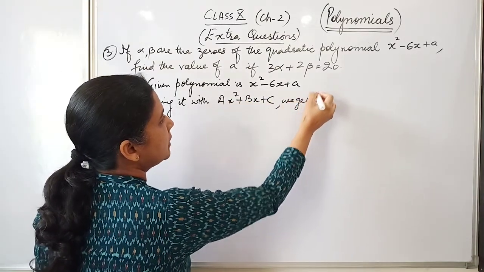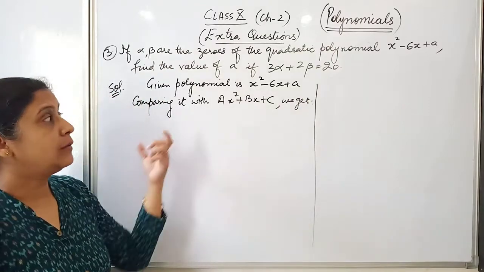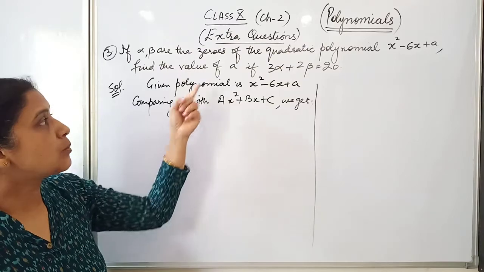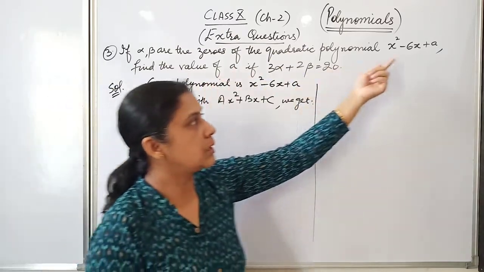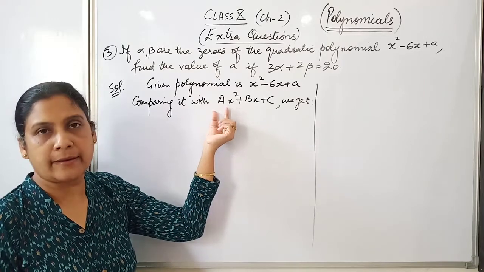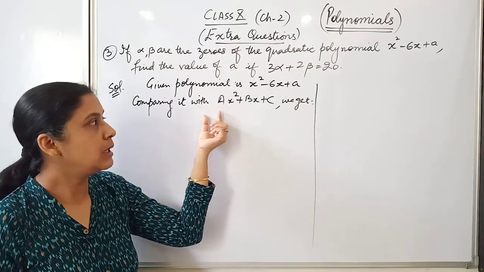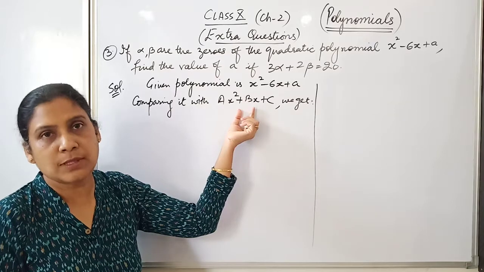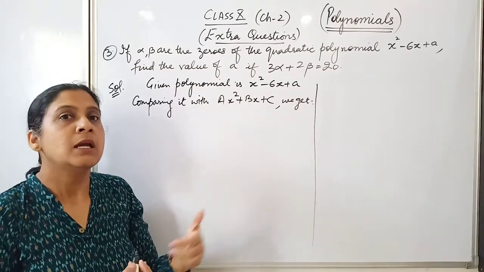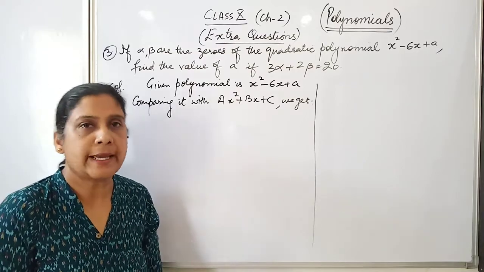You might be wondering why I have taken capital ABC. There is a reason for that, because small a has already been used in the question, in the given polynomial. So I cannot use small a over here. As I cannot use small a, similarly I won't prefer using small b or c. So I have taken capital ABC over here so that there is no confusion.